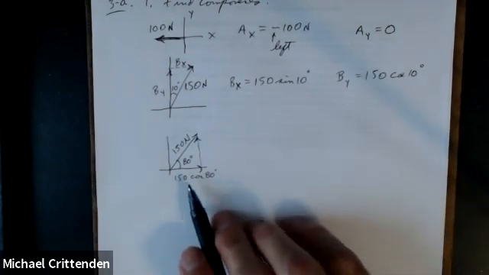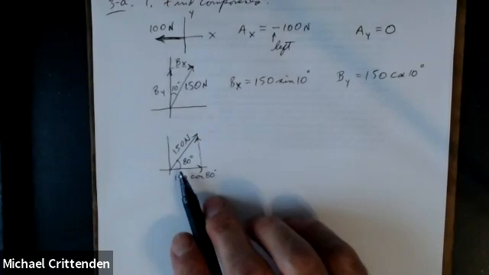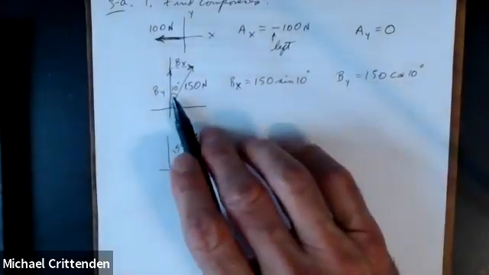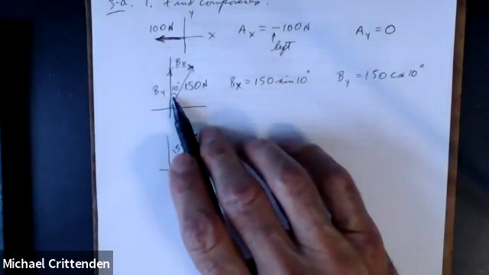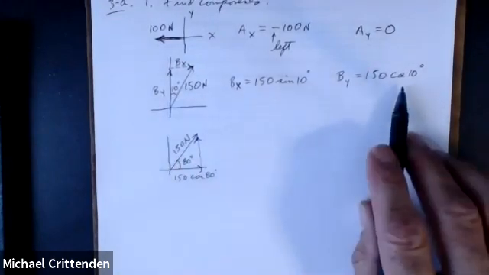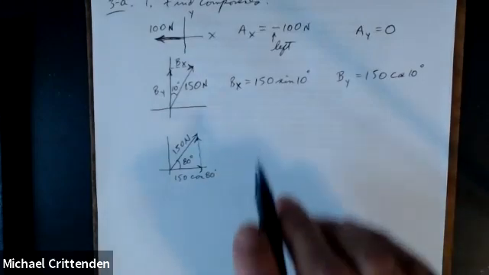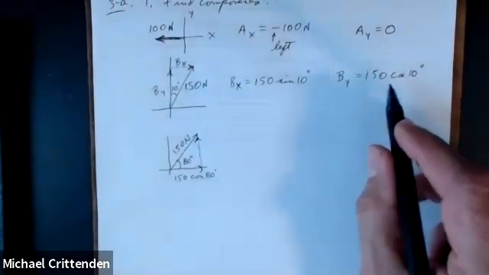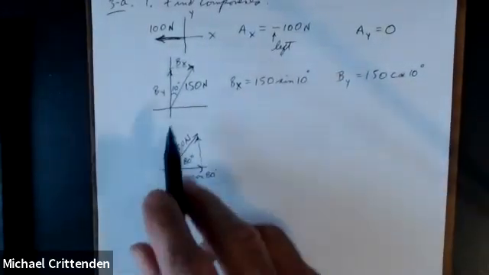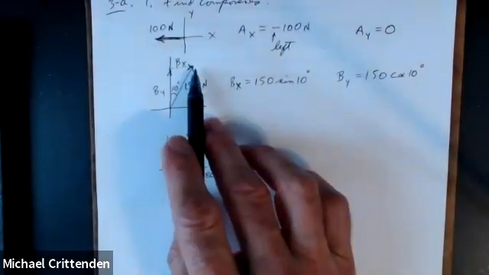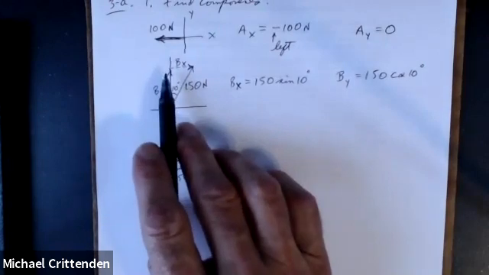The x component is the cosine if you're given an angle measured from the x-axis. If you're given an angle measured off the y-axis, then the y component is the cosine. Anyhow, I should also mention positive, positive, because the x component is to the right and the y component is up.